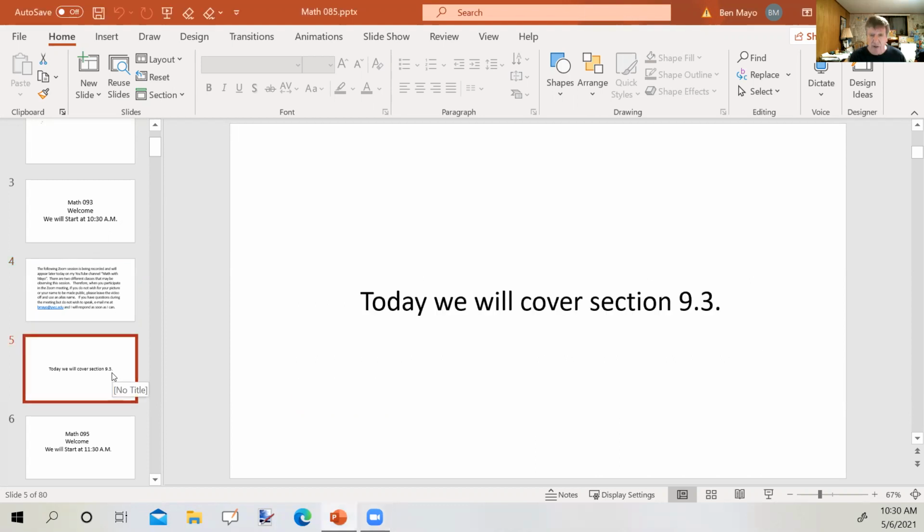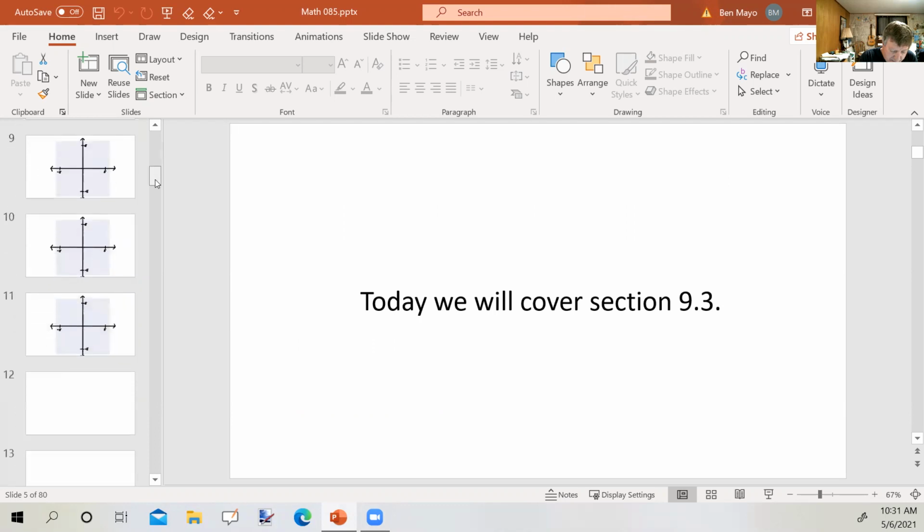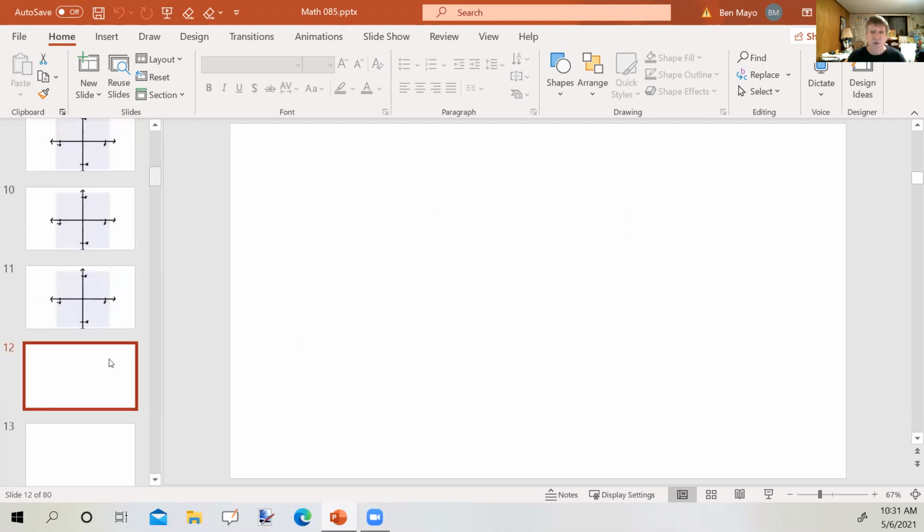All right, so today we're going to go on and cover section 9.3, which is simplifying and combining radical expressions. First of all, I want to introduce a couple of rules that we already know in terms of exponents, but I want to look at them in terms of radicals as well. So the first rule would be this.